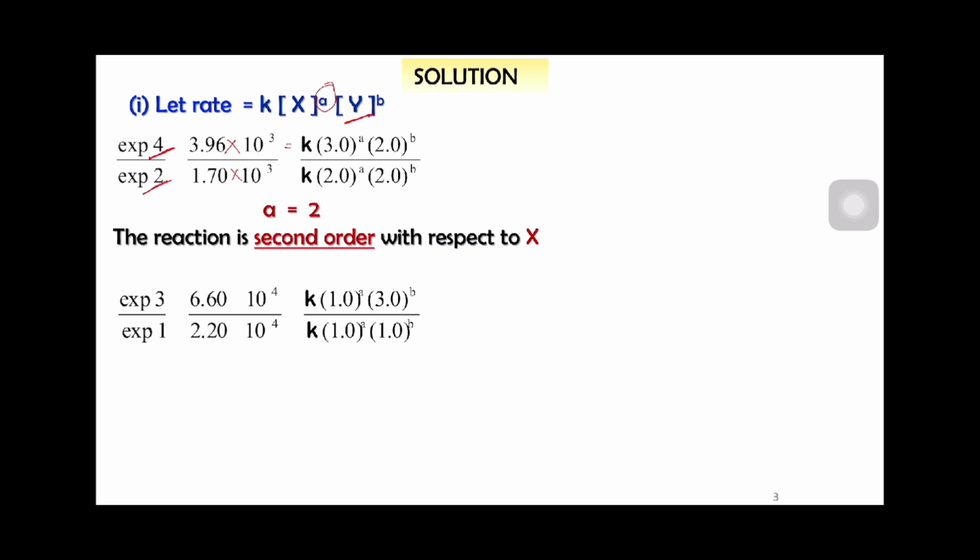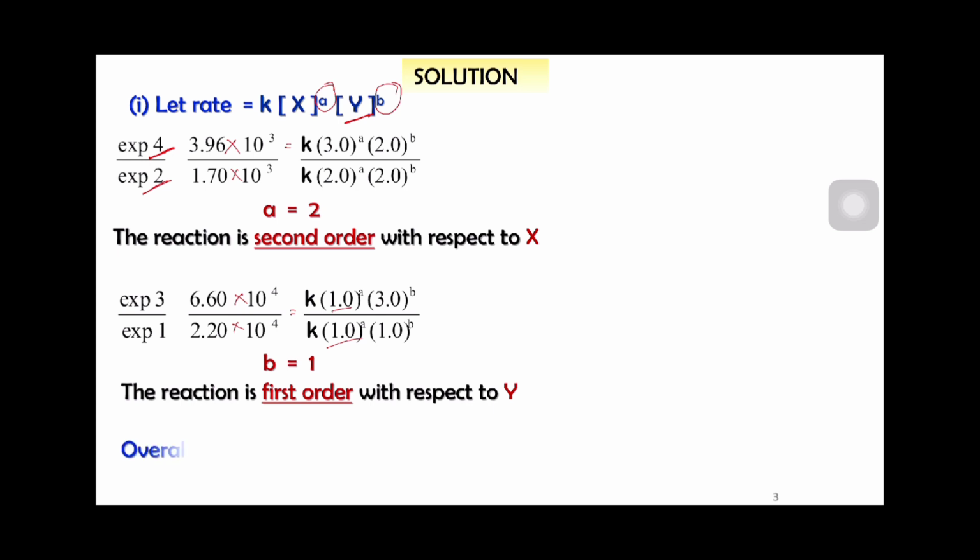Next, to determine the value of b, we have to compare experiment 3 with experiment 1, because in experiment 3 and experiment 1, the concentration of X remains constant. So you will get b equals 1, meaning that the reaction is first order with respect to Y. Then, what is the overall order?